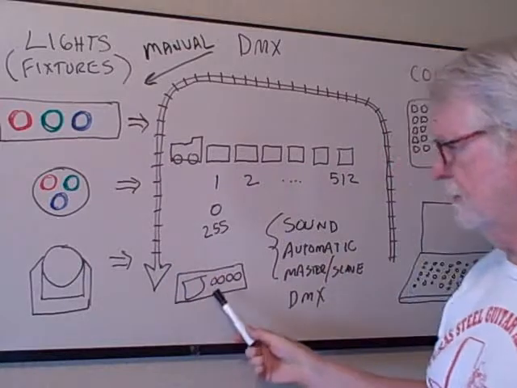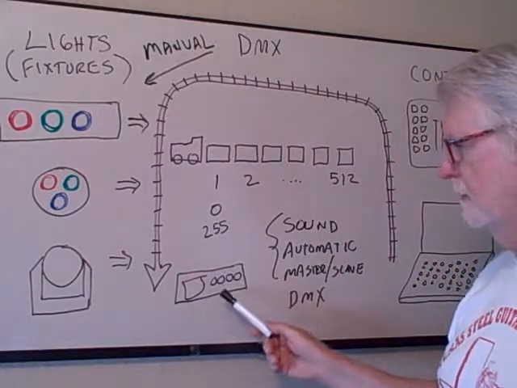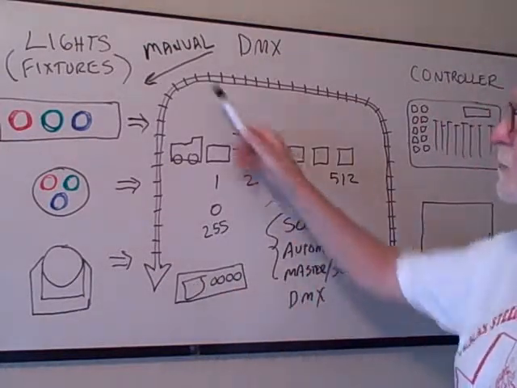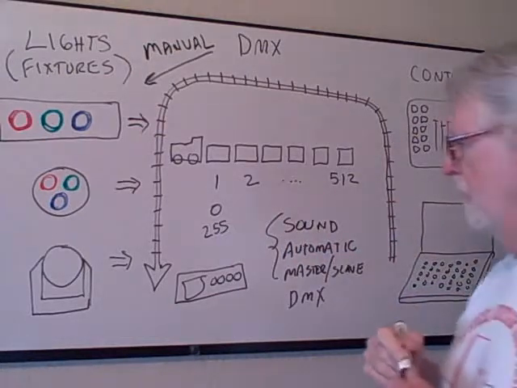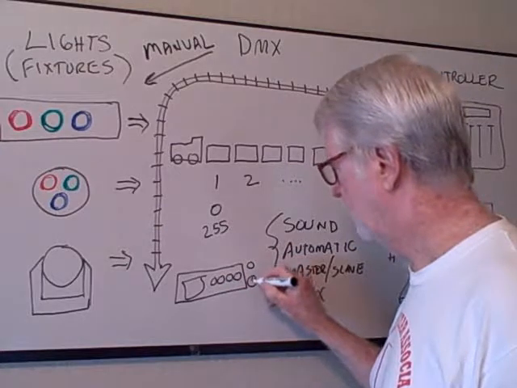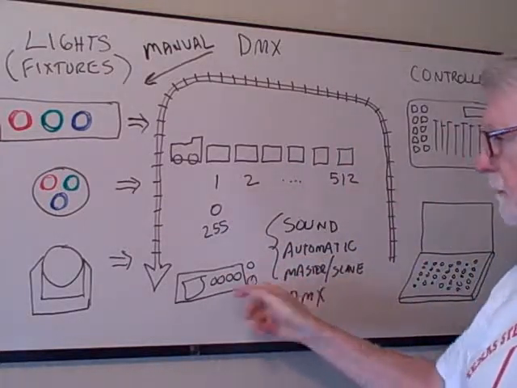On the back of the fixture, there's a little menu, and you can press the up, down button, enter, and so forth. One mode you can put the fixture in is sound mode, and again, this will be described in your manual. When you put the fixture in sound mode, there's a microphone built in, as well as a little volume control, so you can adjust the sensitivity of the sound.